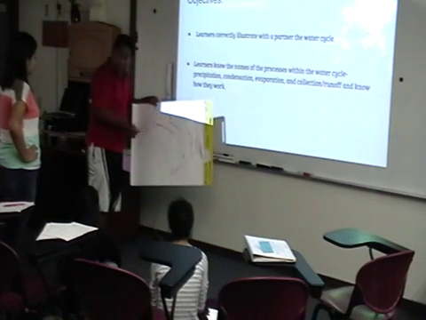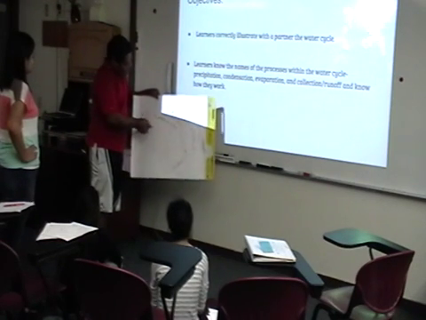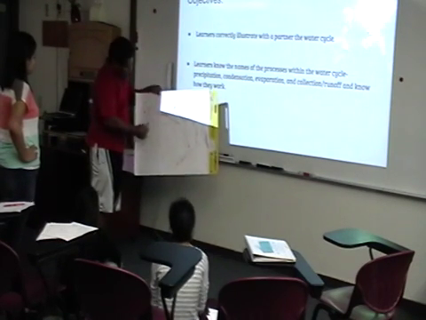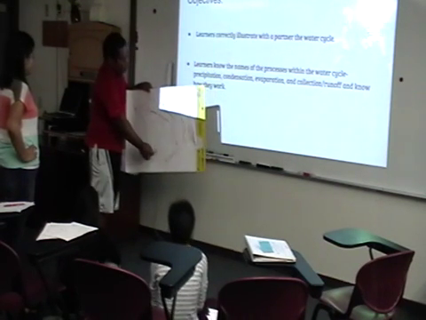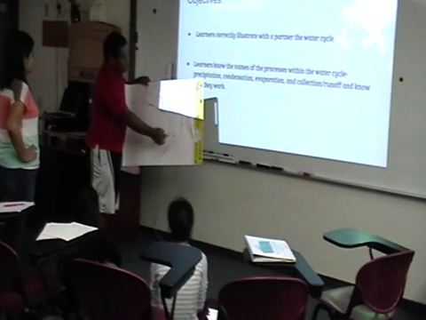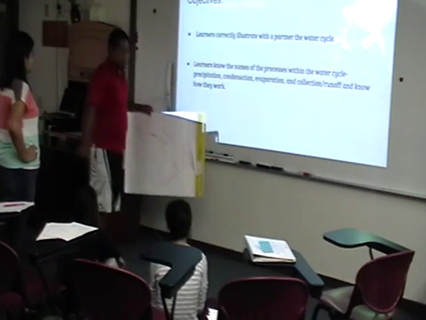Everything that comes out of the cloud, that's precipitation. So it goes to the mountain and it forms a runoff, a runoff to the river, to the ocean, which is all collected there, and it's called collection.